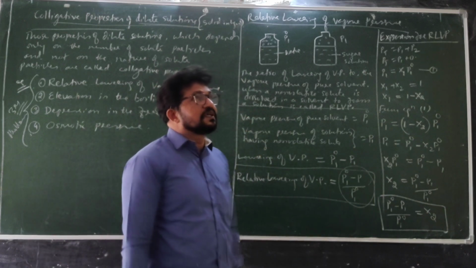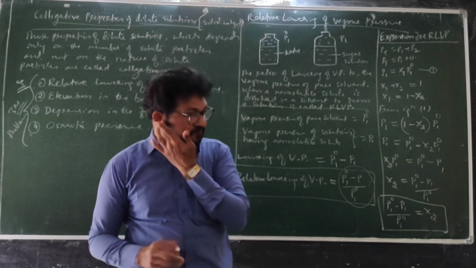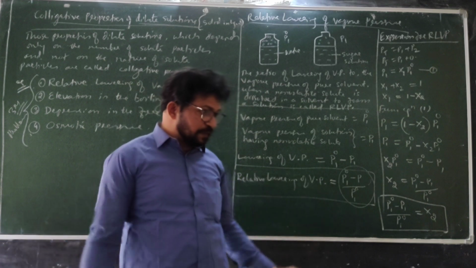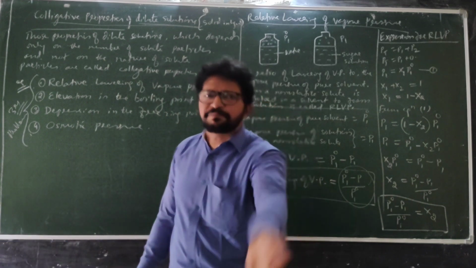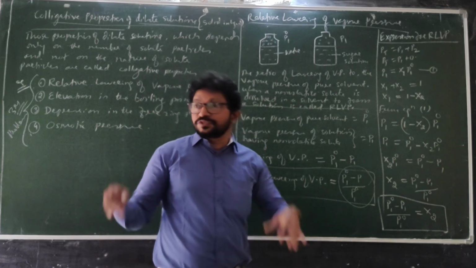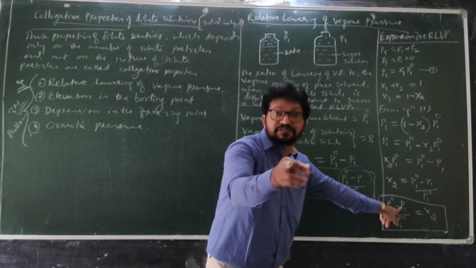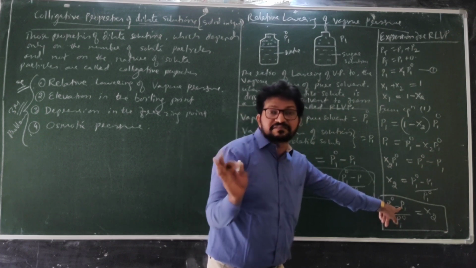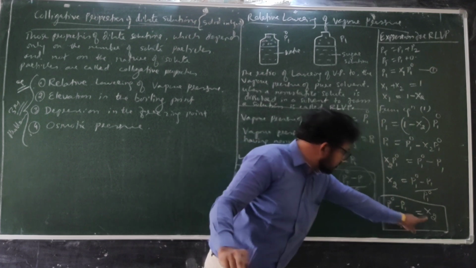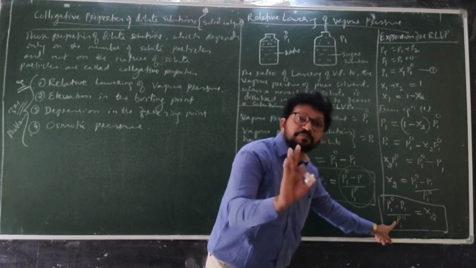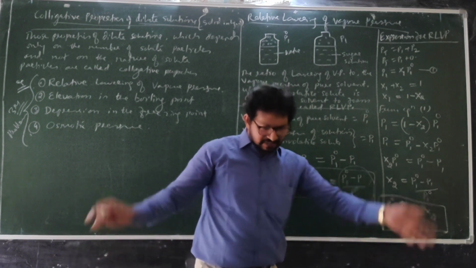Now you may be knowing the vapor pressure of pure water. You don't know the vapor pressure of the solution. But you know the mole fraction of sugar because you have prepared it. Then you can get the vapor pressure of the solution. Remember, you have not done any experiment. You know the mole fraction, you know the vapor pressure of pure water at a particular temperature.